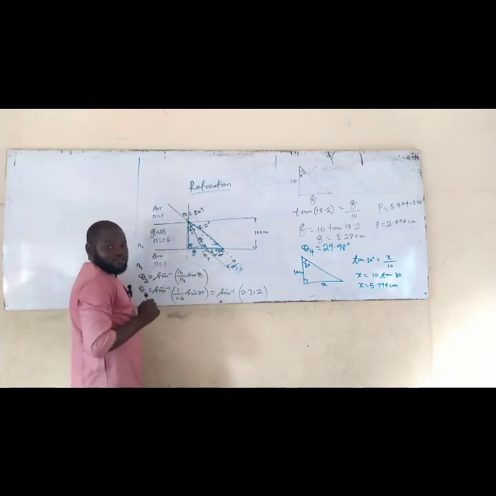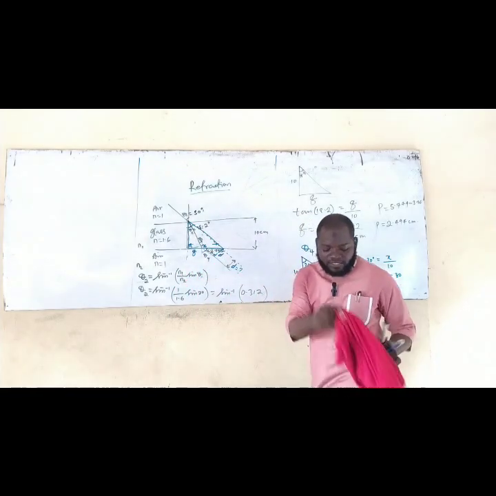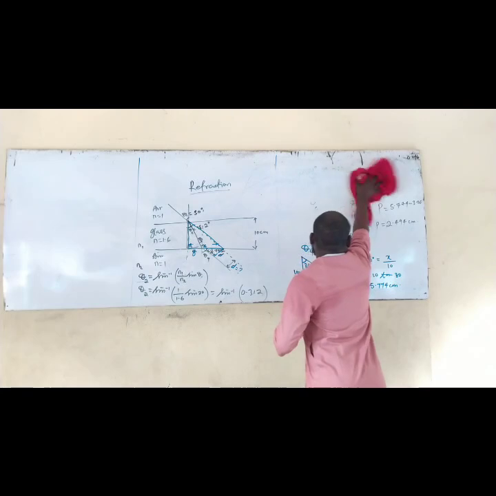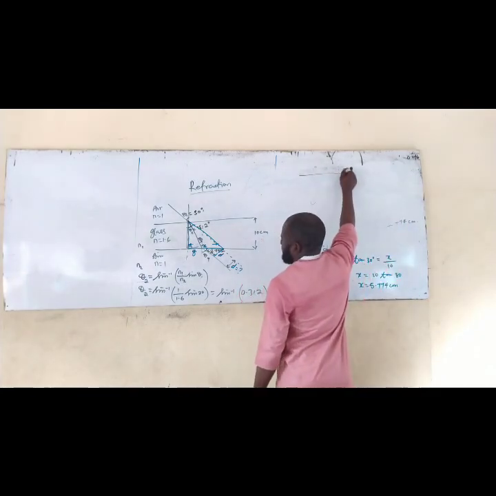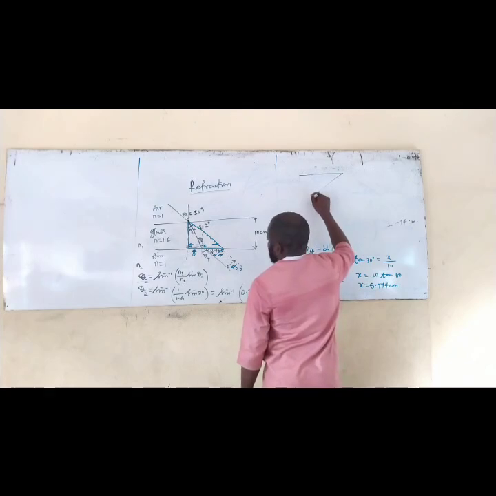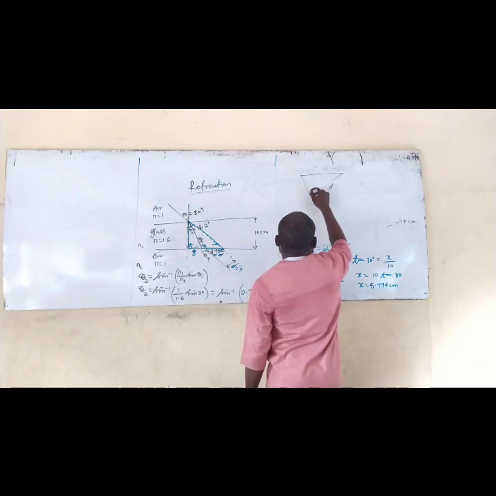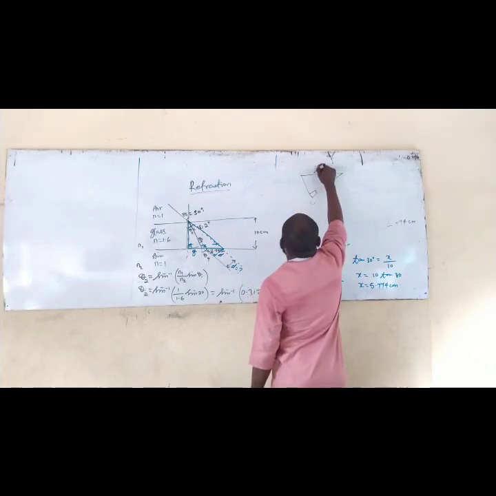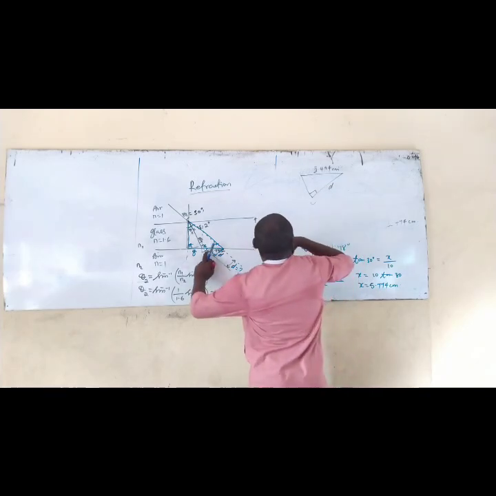Can you see that now? Let me draw that diagram out so that we can see it clearly. So this is D, this is angle 90, this is 2.494, and the angle here.